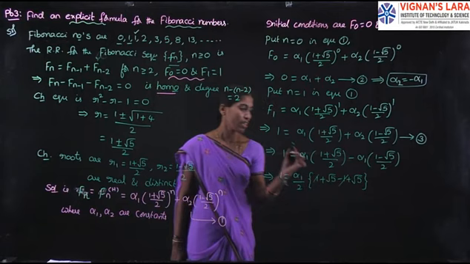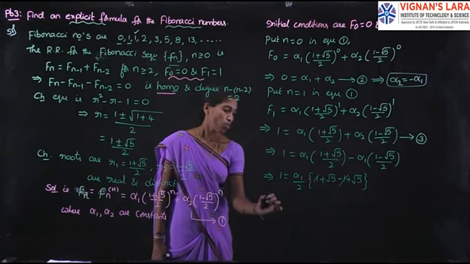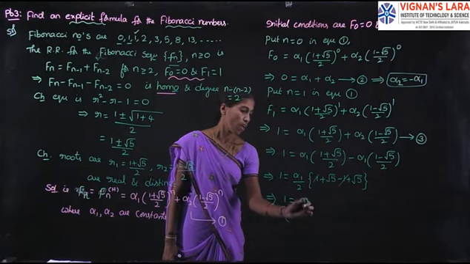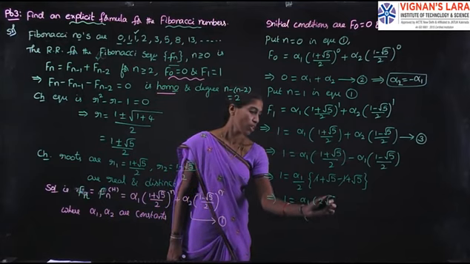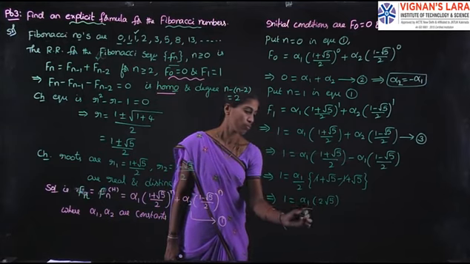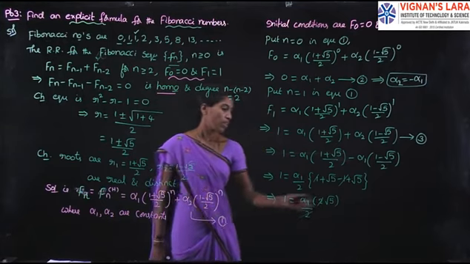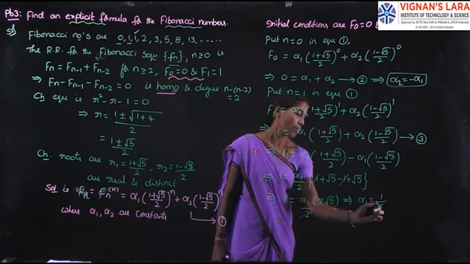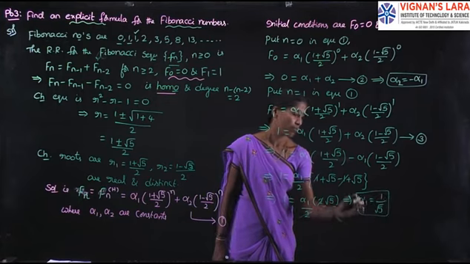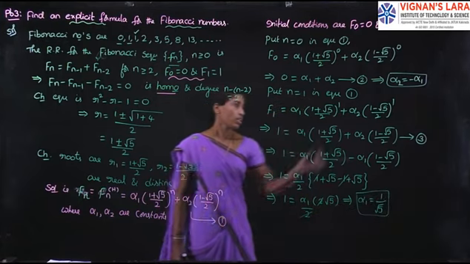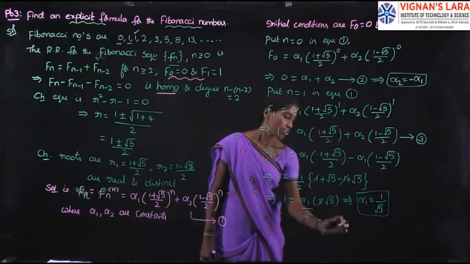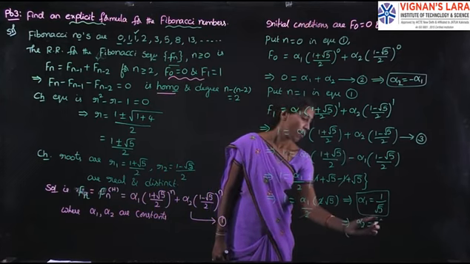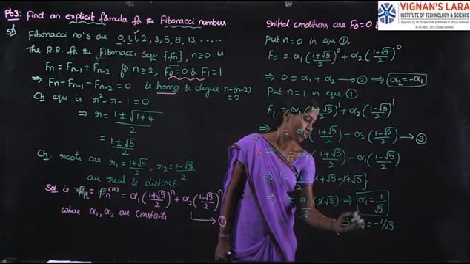These two get cancelled. So 1 is equal to alpha 1 into 2 root 5 by 2, which implies alpha 1 is equal to 1 by root 5, right? Similarly, alpha 2 is minus 1 by root 5. These are the two values.